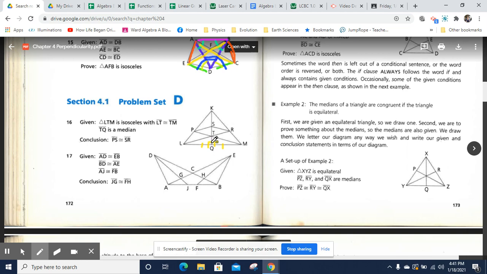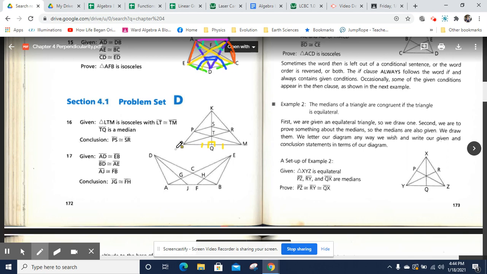And so now you have enough information to prove that this triangle and this triangle are congruent. Okay. And if we can prove that, then we know that this angle is congruent to this angle. We know that this other angle is congruent to this angle. And so this angle would be congruent to this angle.